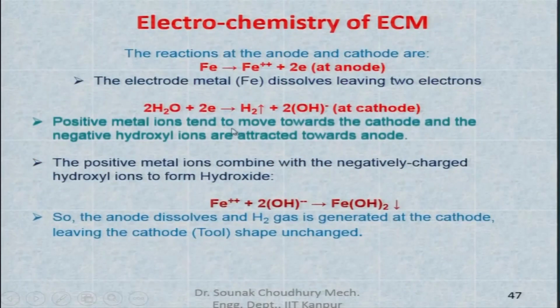In that case, for a ferrous material, in the anode, ferrous 2+ ions will be created and 2 electrons will be created. The electrode metal ferrous dissolves because the ion is created, leaving 2 electrons in the anode, in the workpiece material.